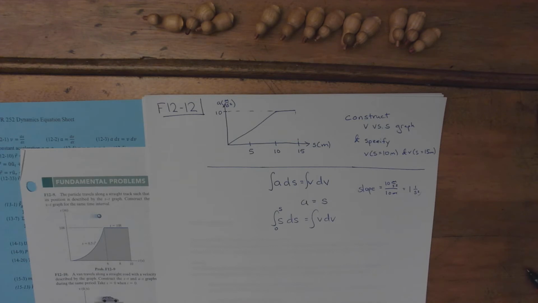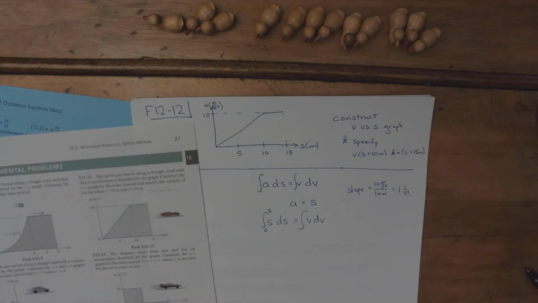You can only find the change in velocity. If you want to know what the velocity is at some given time, you have to know either the initial velocity or the velocity at some other point in time.